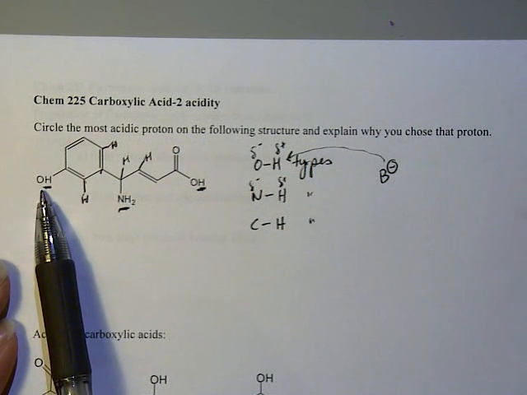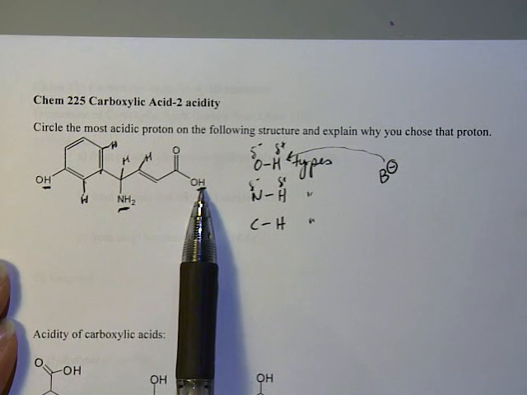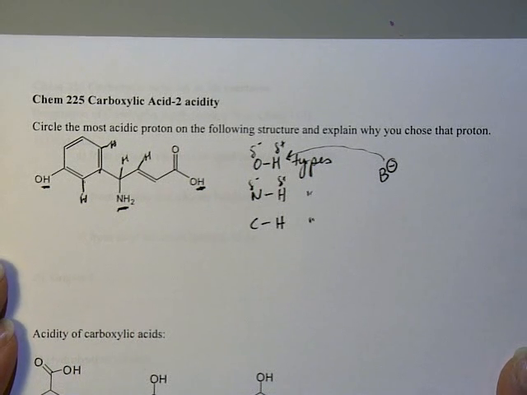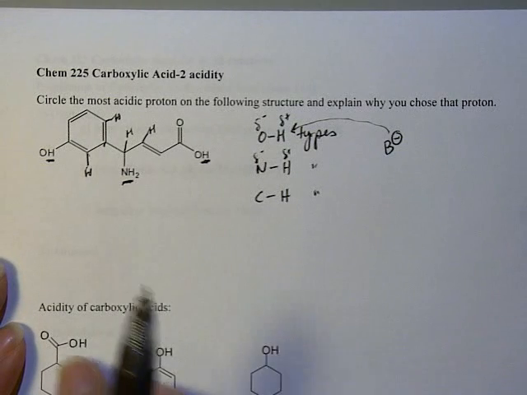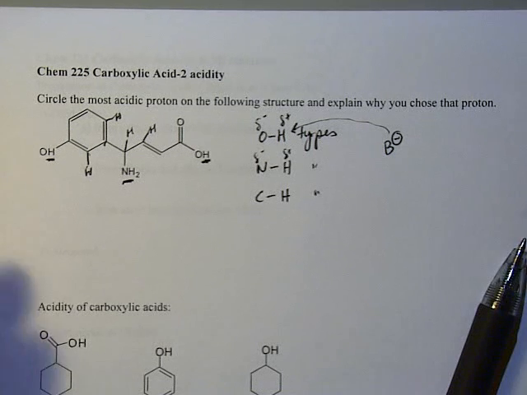We know that it's going to be either this OH or this OH. All right. How do we know which OH is the more acidic one? Okay, that's what we're going to go over in the acidity of carboxylic acids. All right. So I'll conclude this lecture here because I'm not going to finish this next topic. So I'll start that in the next lecture.